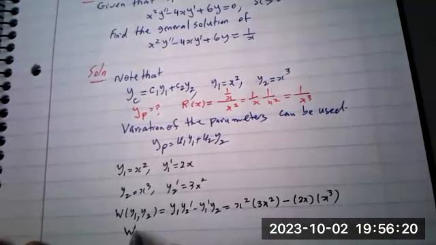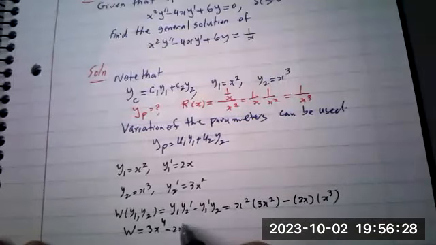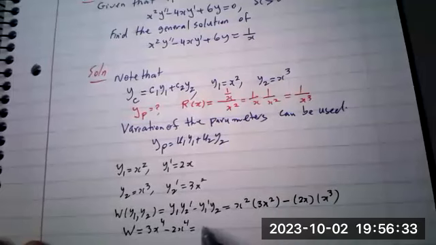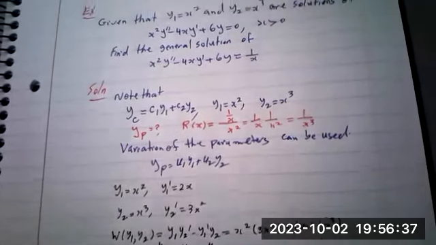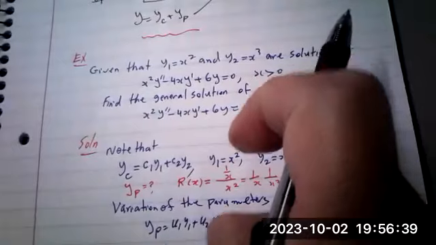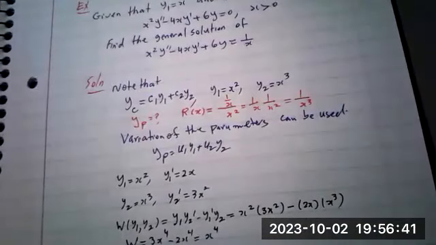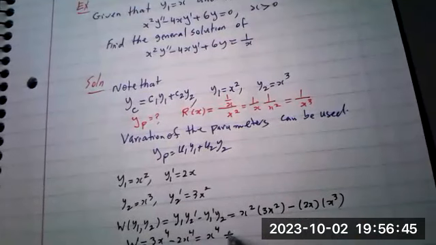So W, the Wronskian, is what? 3x to the 4th minus 2x to the 4th, which is going to be equal to x to the 4th. Remember, you have the restriction that x is never 0, so we are safe that this is not equal to 0, of course.